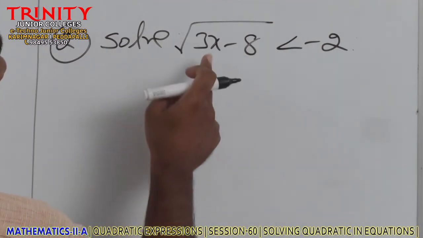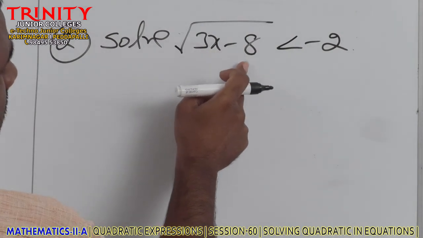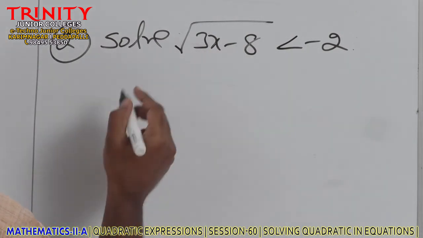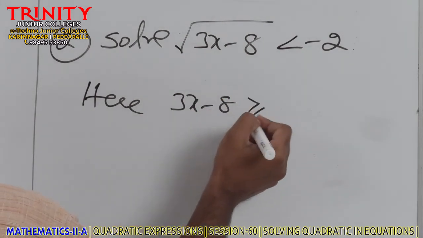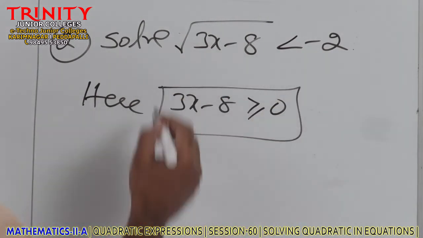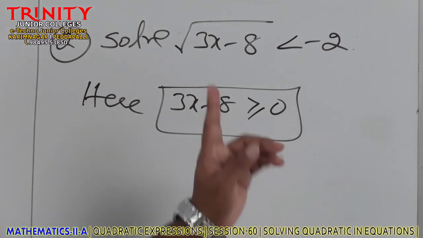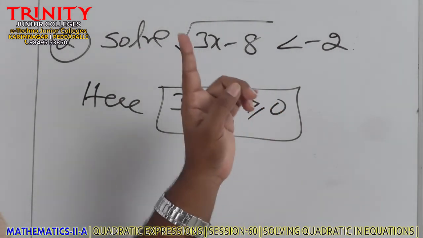See here, root of 3x minus 8 is always greater than or equal to 0. There is no chance to get this as a negative.